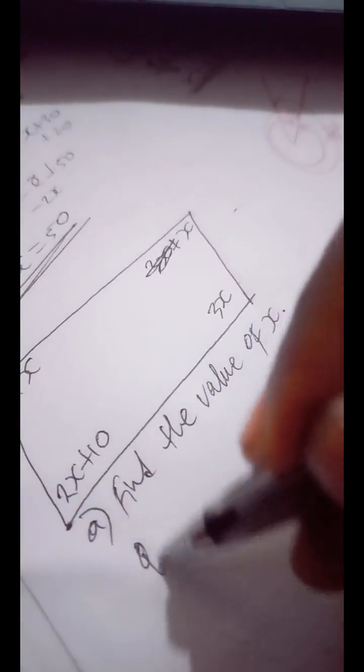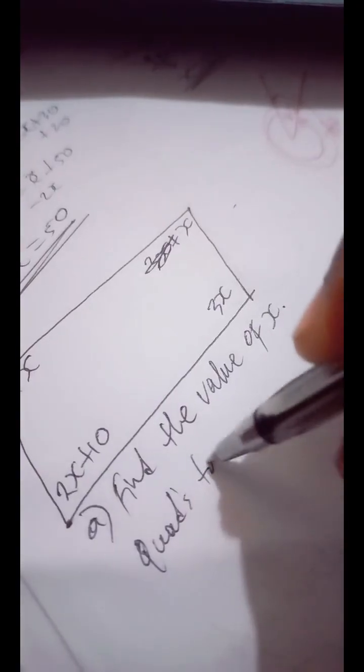Remember, a quad's total is 360 degrees. So let's calculate.